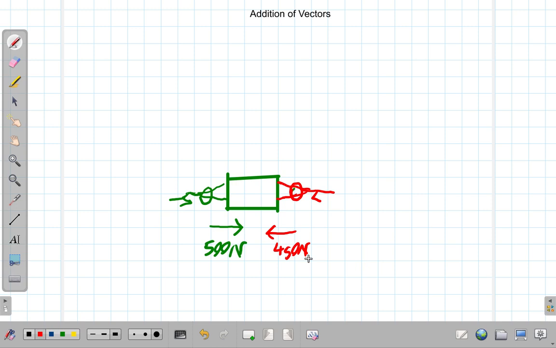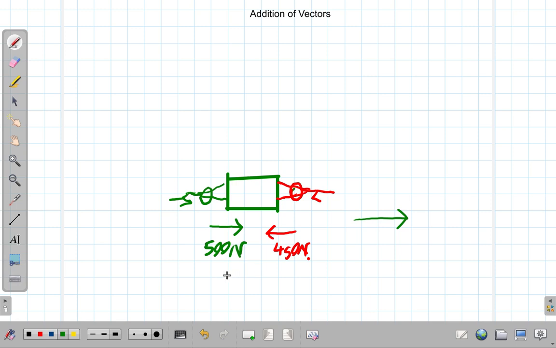In what direction will the table move in this show of strength? Now you can see that the person in green is pushing to the right with a greater force. So the table will move this way, and the person in green will win this competition.